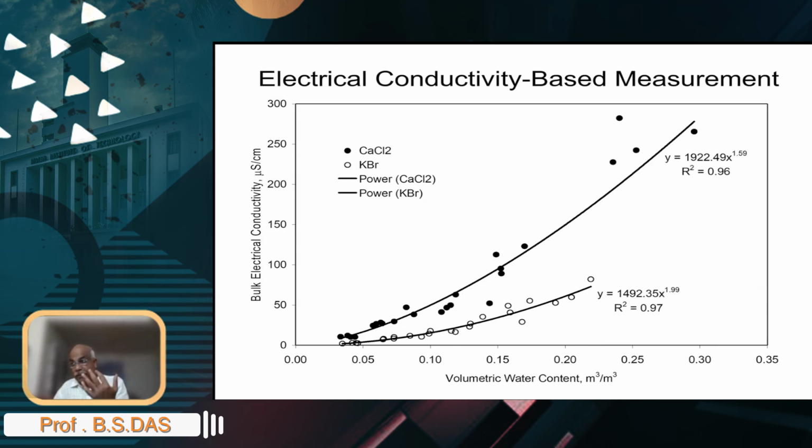And if you look at soil, it's kind of a complex cocktail of different electrolytes, you would really wonder whether a bulk electrical conductivity would have a unique relationship with the volumetric water content.